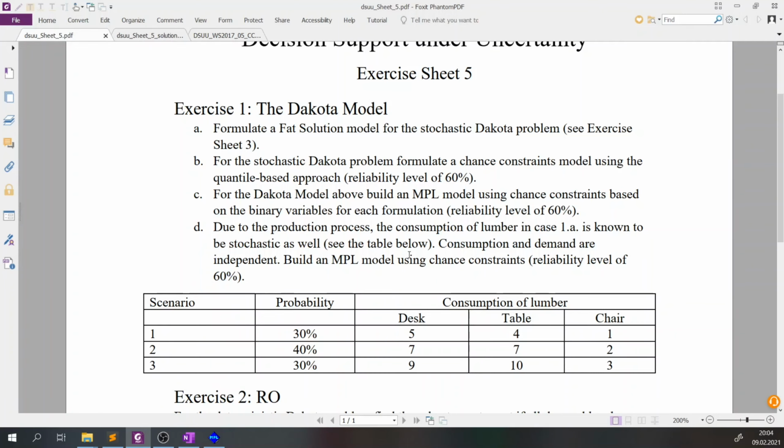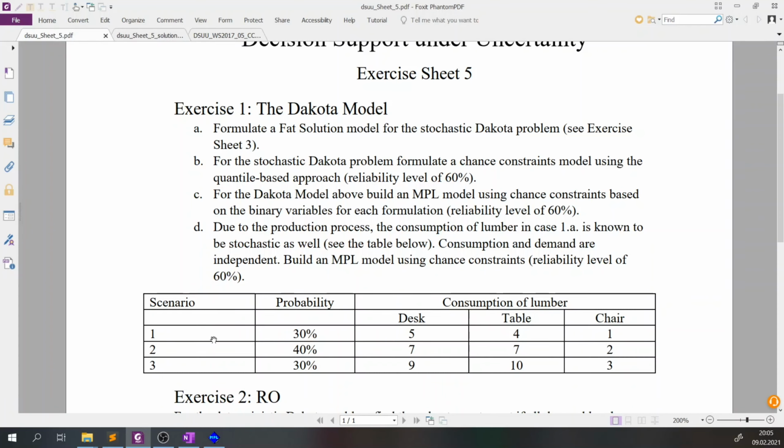It says that in addition to the stochastic demand, which has 3 scenarios, we have also 3 additional scenarios for the consumption of the lumber. So lumber is the first material, and now we assume that, differently from before, this consumption can also differ from scenario to scenario.